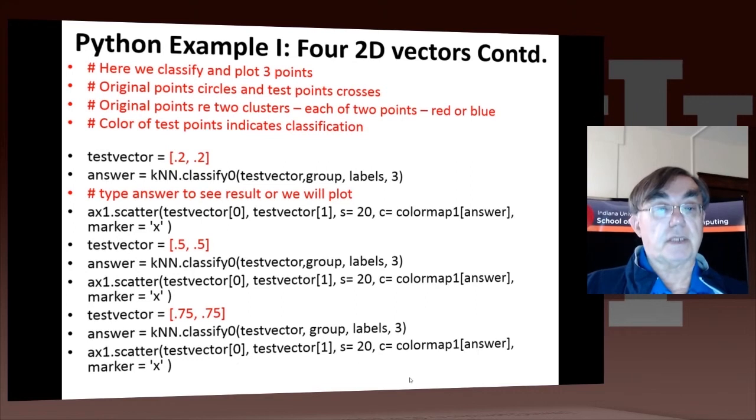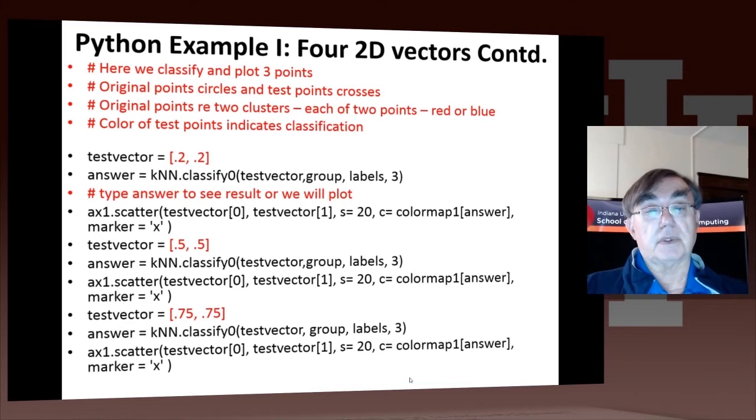You define 3 vectors: 0.2, 0.2; 0.5, 0.5; and 0.75, 0.75. Then you call a routine we're going to discuss in more detail later on, called classify0. That actually invokes the nearest neighbor algorithm. It has 4 arguments.